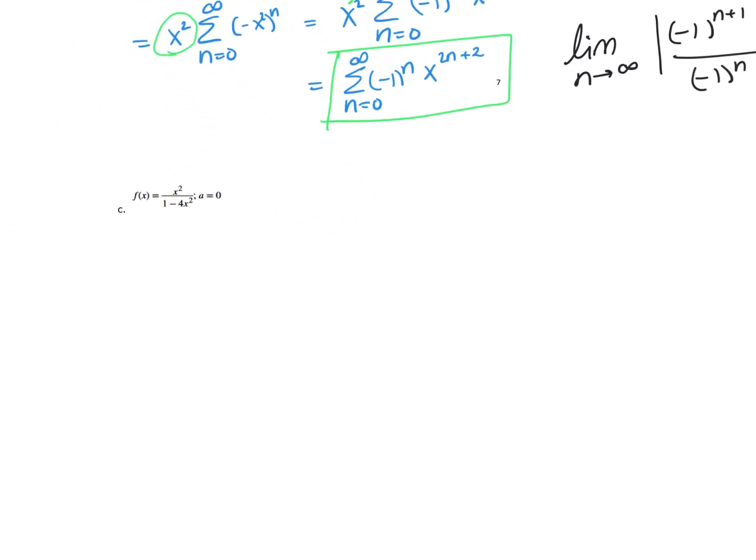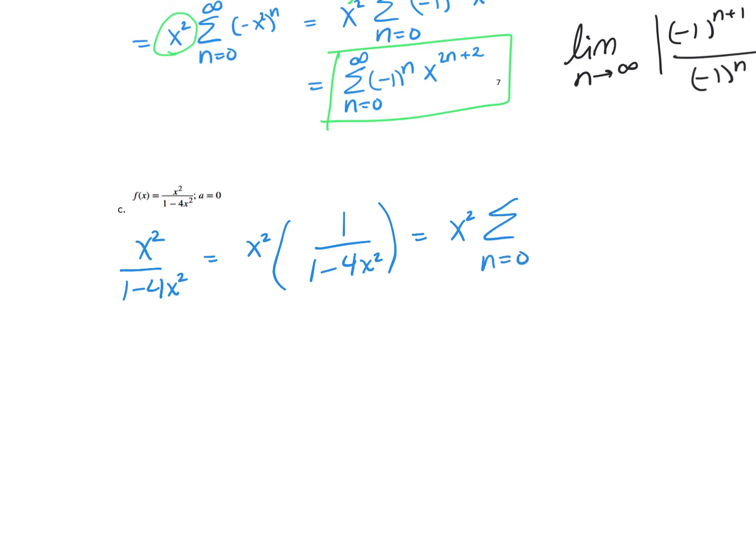Take a look at my last one. As before, I'm going to rewrite x squared over 1 minus 4x squared as x squared times 1 over 1 minus 4x squared. Now it's in the structure that I need, so this is going to be x squared, the summation of n equals 0 to infinity, of 4x squared raised to the n.